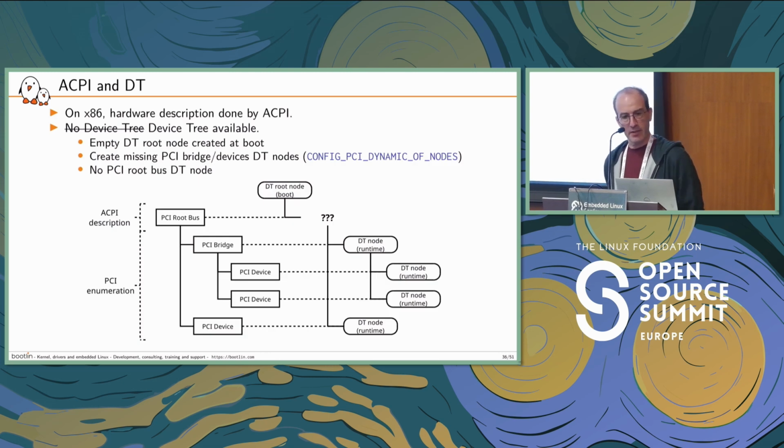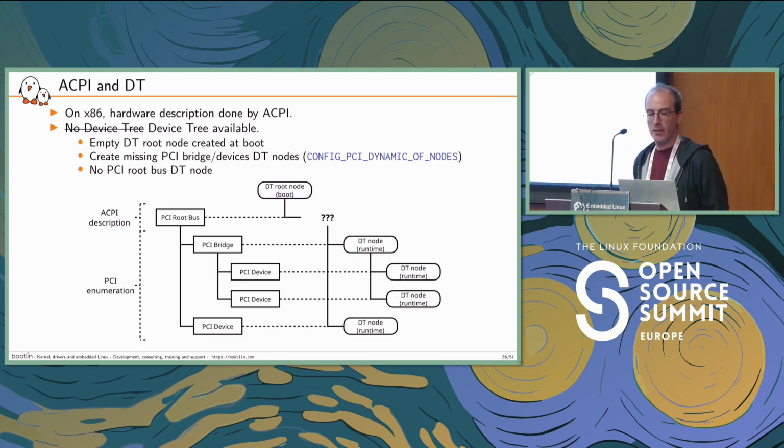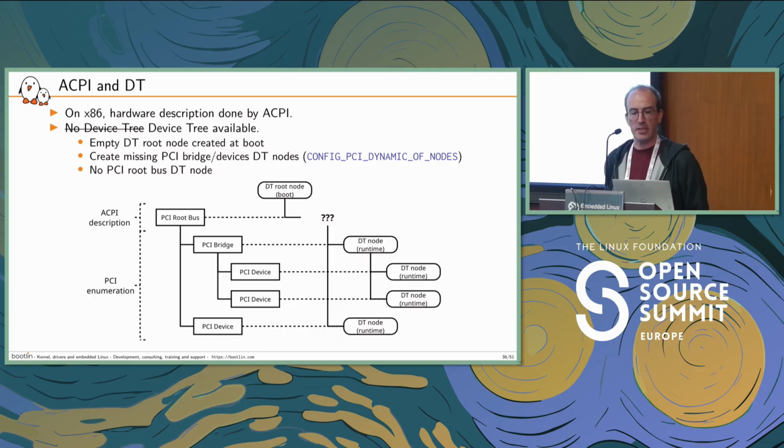Well, not in fact. There is a device tree, at least it can be used on x86. What is done is that at boot an empty device tree node is created. But we can enable CONFIG_PCI_DYNAMIC_OF_NODES in order to create all the missing nodes, as we did on device tree-based systems.